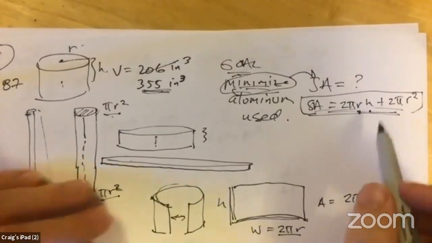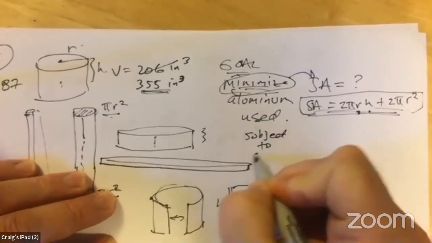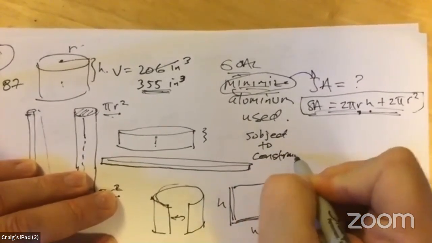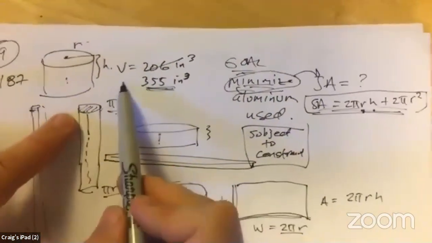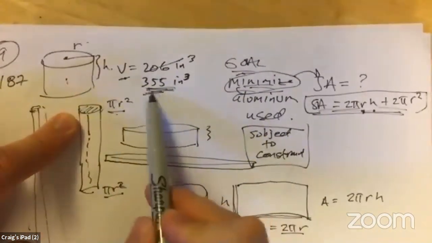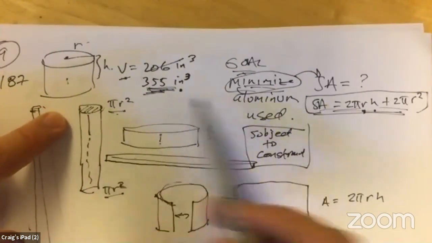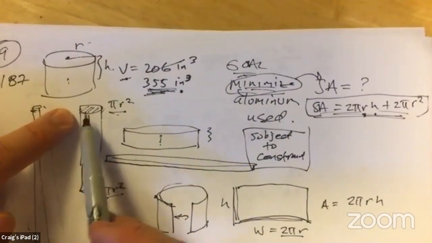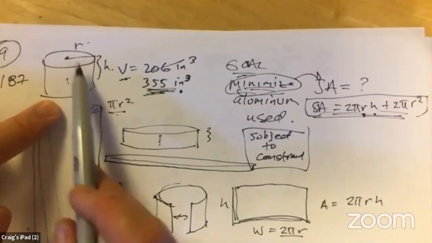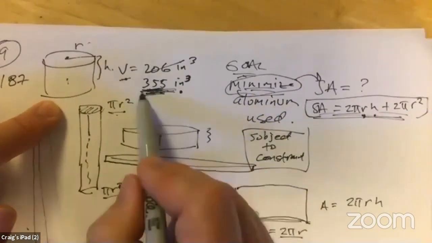I have a constraint. It's subject to the constraint that I need my volume to be 355 cubic inches. I am not wanting to minimize the surface area of an infinitely small can. I want to minimize the surface area of a can that can actually hold the amount of volume I require to sell.